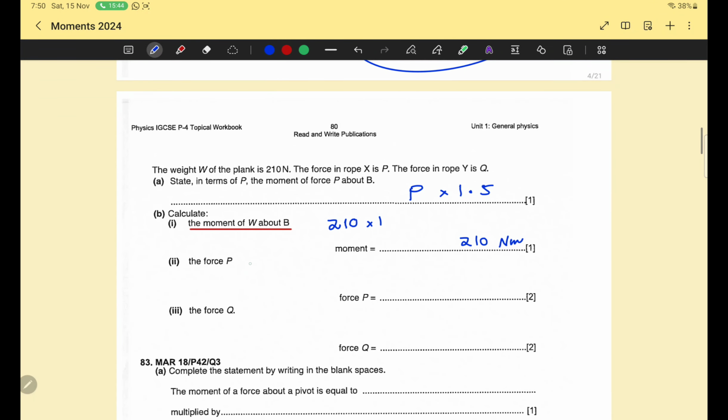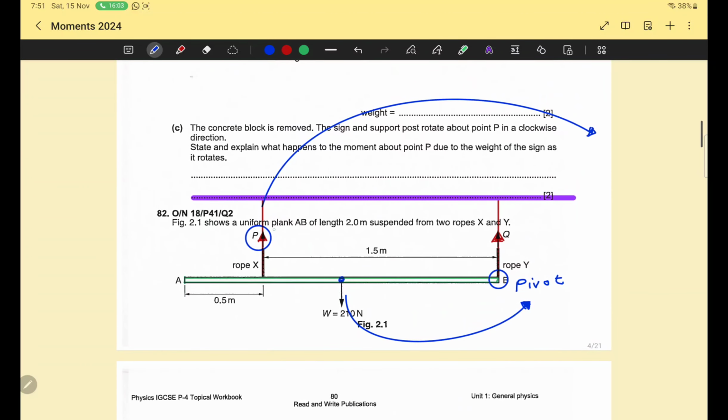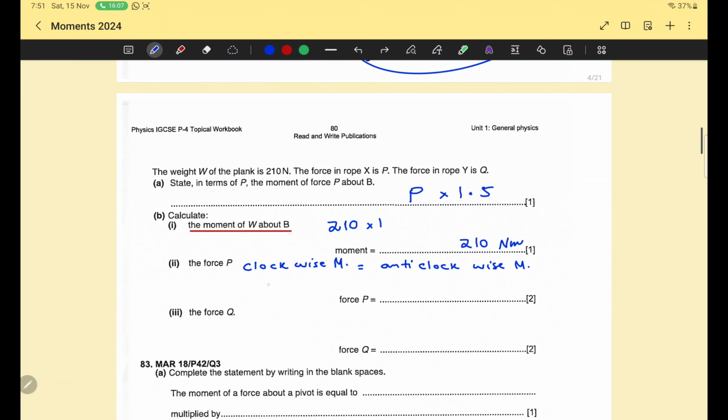So you should write in this way: clockwise moment is equal to anti-clockwise moment. Clockwise moment is this, P into 1.5.